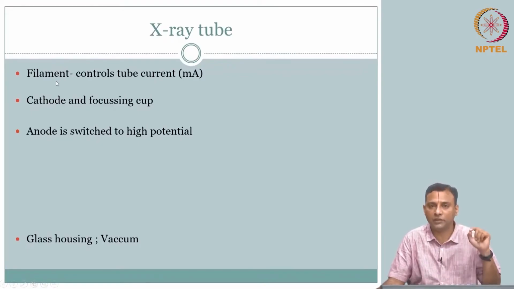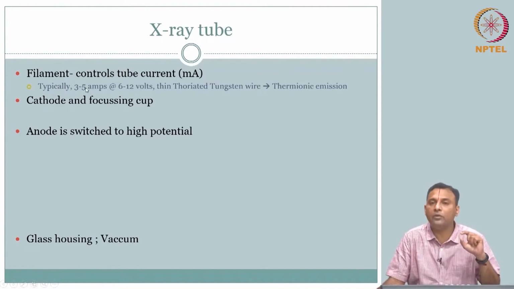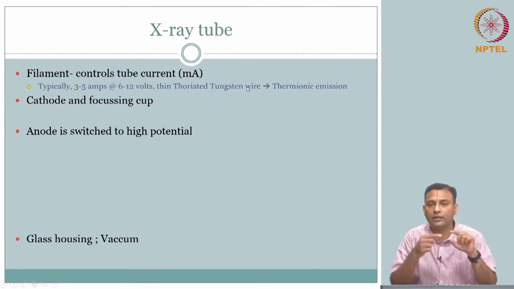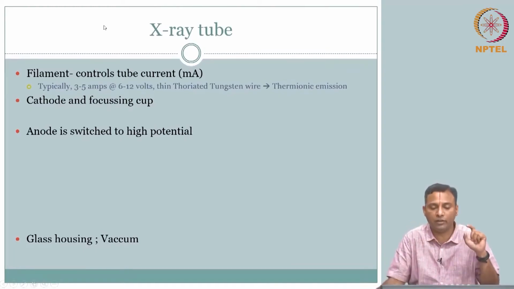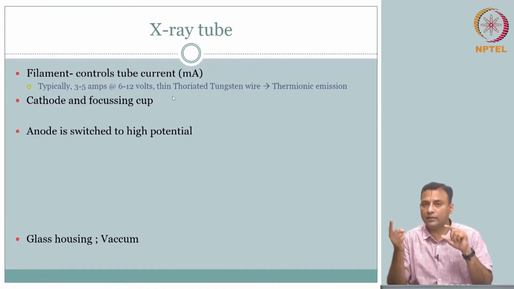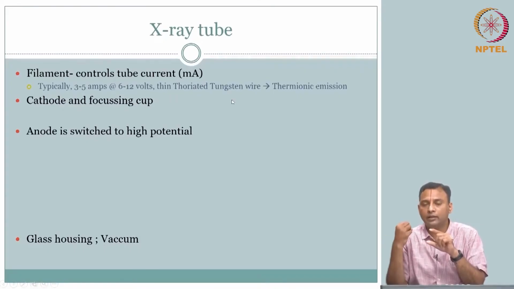Typically you run 3 to 5 amperes of current at about 6 to 12 volts through the filament, which is made of thin thoriated tungsten wire. When you pass this current at this voltage, due to the resistance of the wire there is a drop in energy, so that it gets heated up.